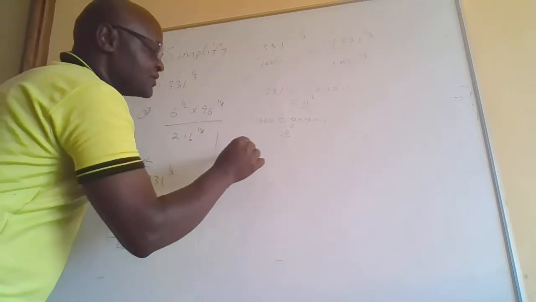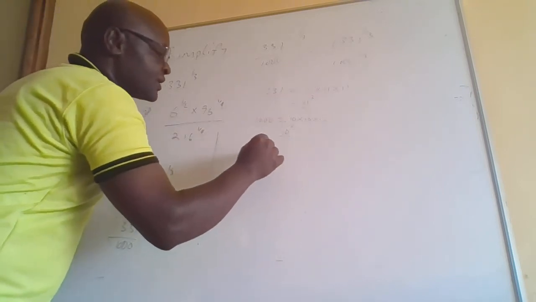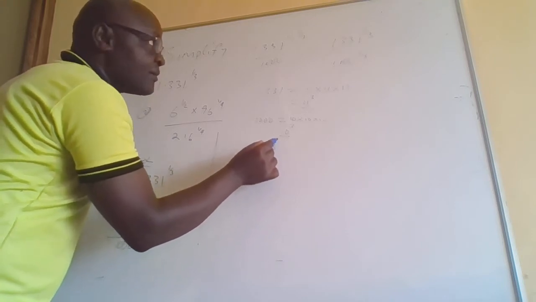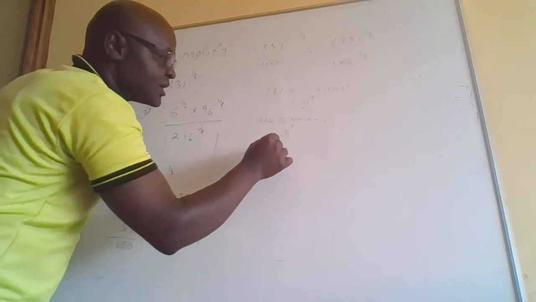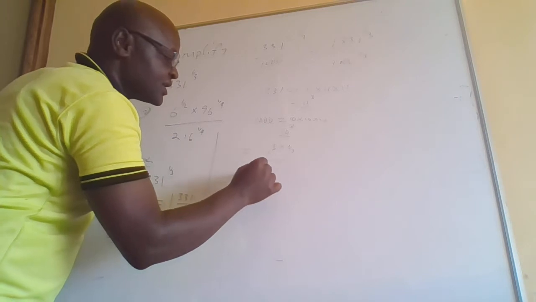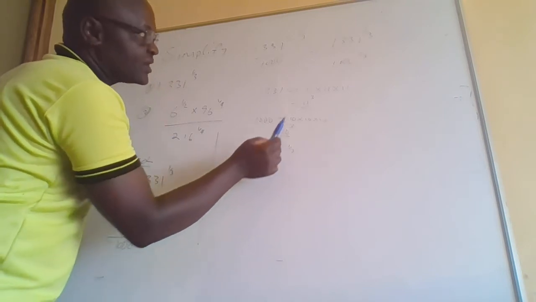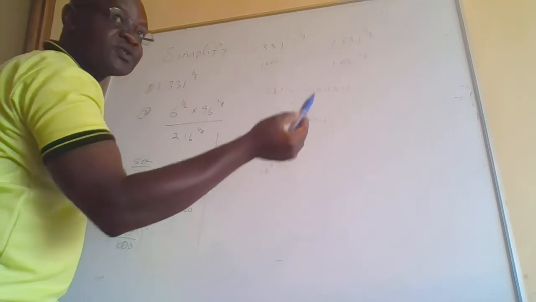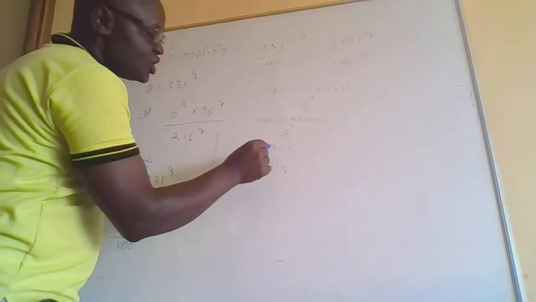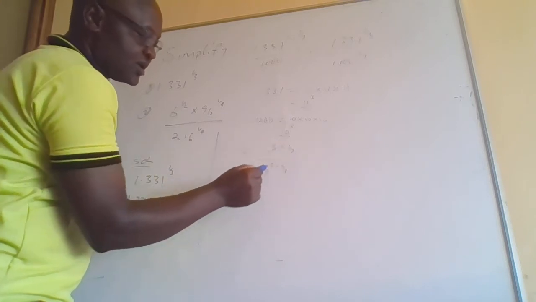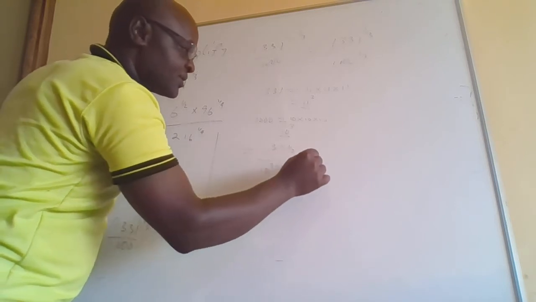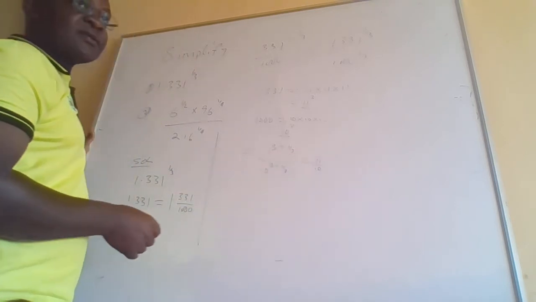So we write 11 raised to 3, but it was raised to a third, so it will be times 1 over 3, then over 10 raised to 3, and likewise times 1 over 3. So these 3s cancel with this one, and we remain with 11 over 10.